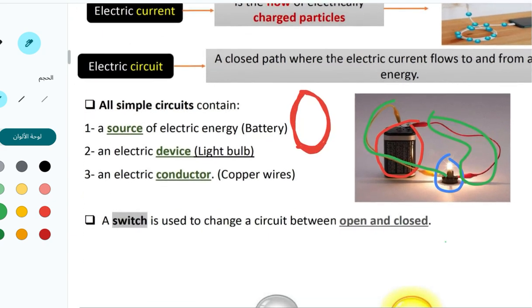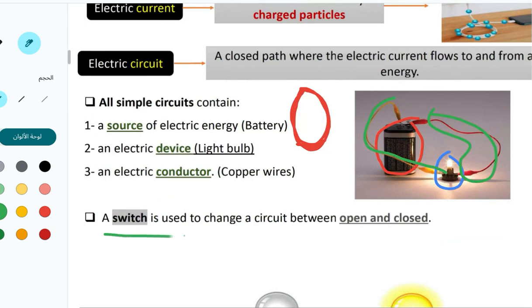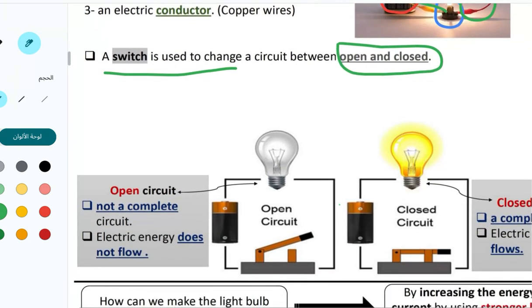Circuits will also include a switch. A switch is used to open and close the circuit. So what do we mean by open and closing the circuit? A circuit is open if there is a break between the conductors, because that doesn't allow for electricity to flow in the circuit. So we have this opening here between this conductor or this switch, and that is why we would call this an open circuit.